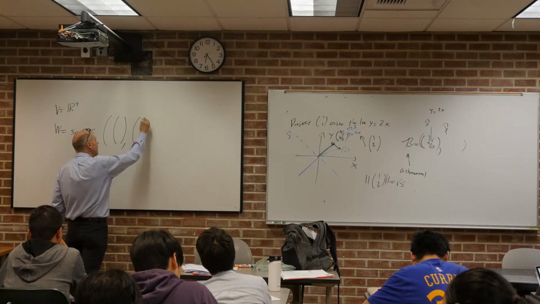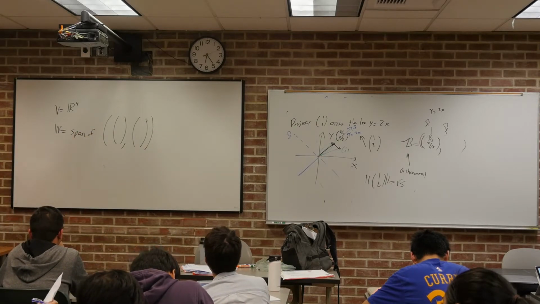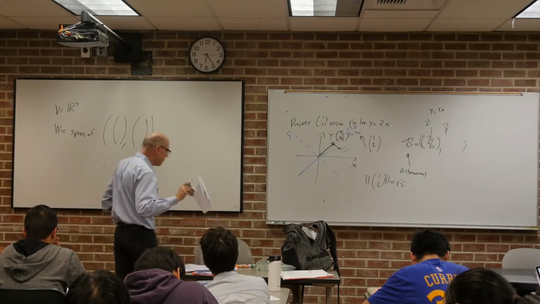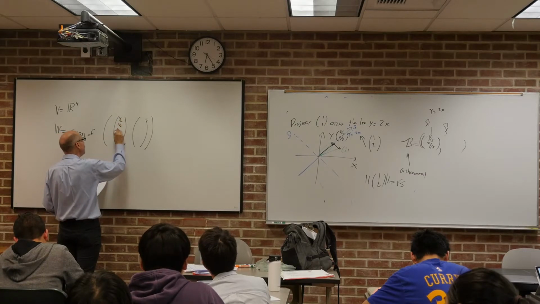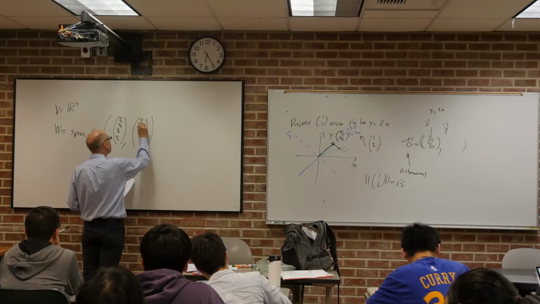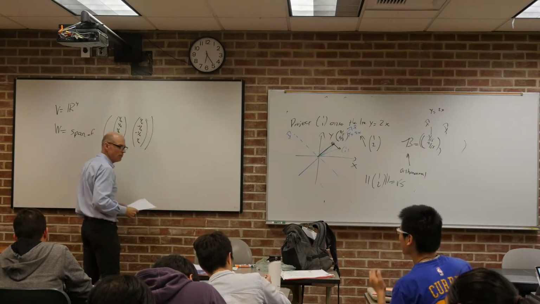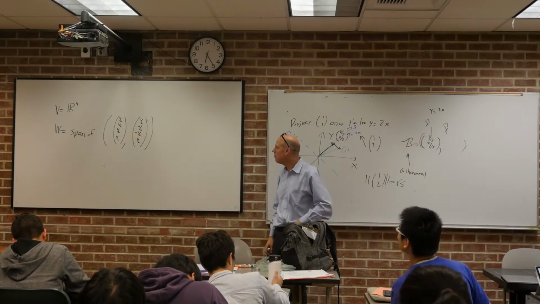Okay, so I am going to look at a 2-dimensional subspace of R4. R4 has 4 mutually perpendicular axes. W is some two-dimensional subspace.